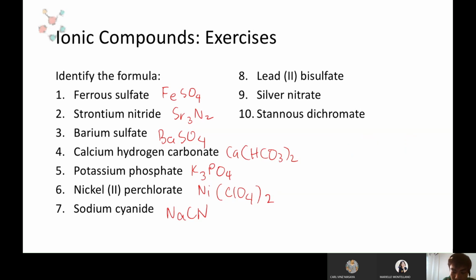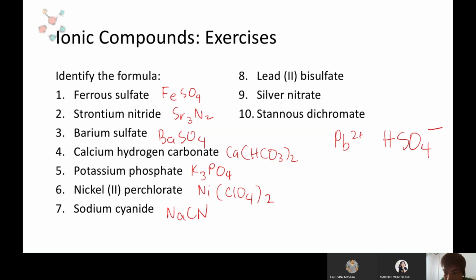NaCN ang formula. Lead bisulfate. Lead 2, meaning nun, positive 2 yung charge. Bisulfate, meaning nun, yung sulfate, lalagyan mo lang ng hydronium ion. So, as a result, yung charge ay magiging negative 1 na lang. Okay?